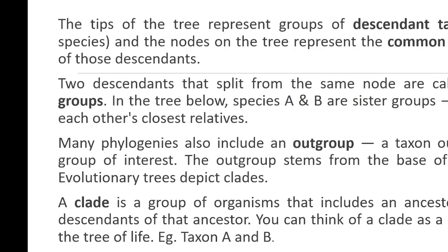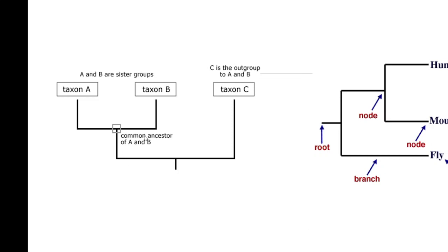Now one more term, that is a clade. A clade is a group of organisms that includes an ancestor and all the descendants of that ancestor. You can think of a clade as a branch on the tree of life. Here there is a common ancestor, one species A and another species B. Now this entire thing, taxon A, taxon B and this common ancestor, combined together is known as a clade.